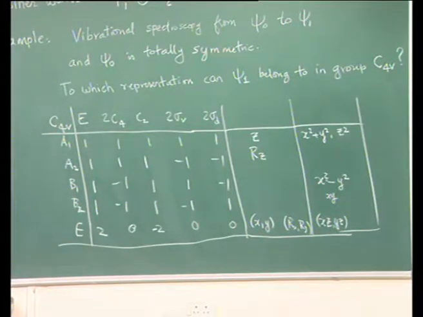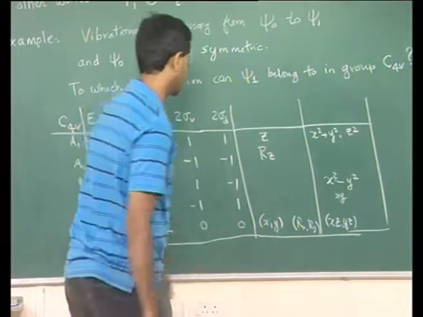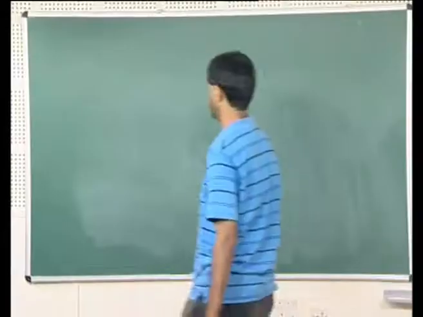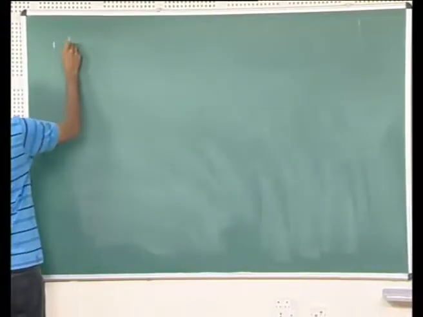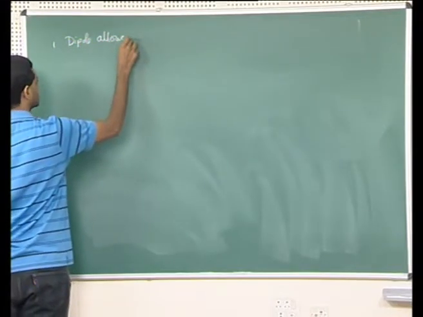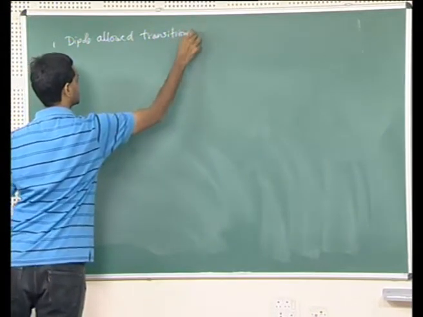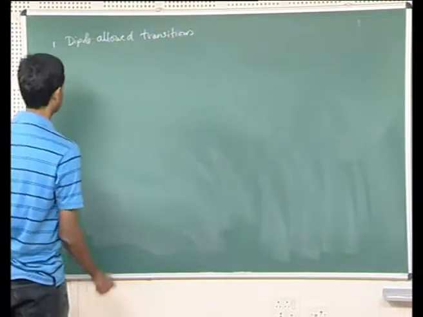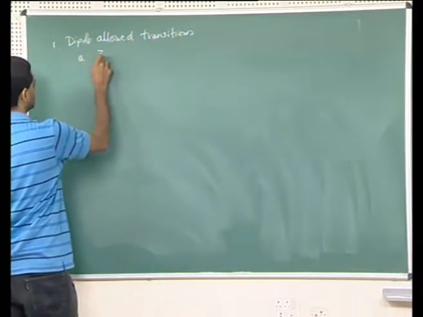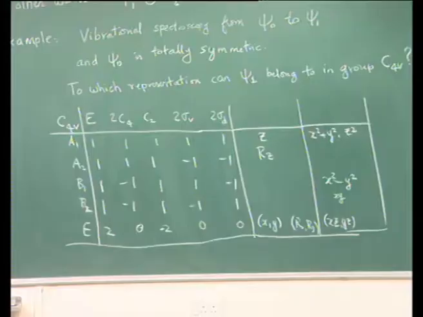Okay. So now using this table, you can very quickly answer this question. First let's look at dipole allowed transitions. In this we will look at z. Now z belongs to A1.